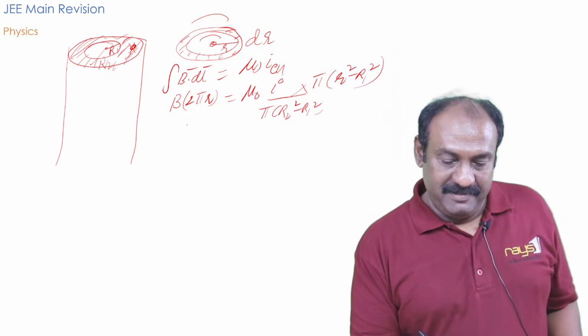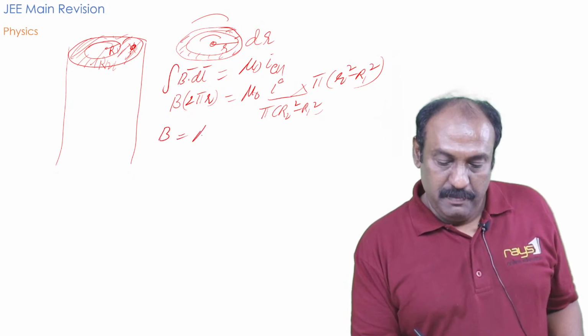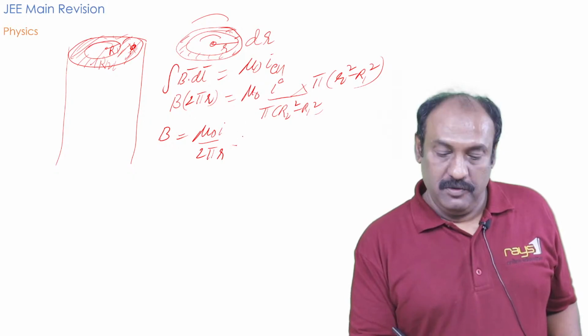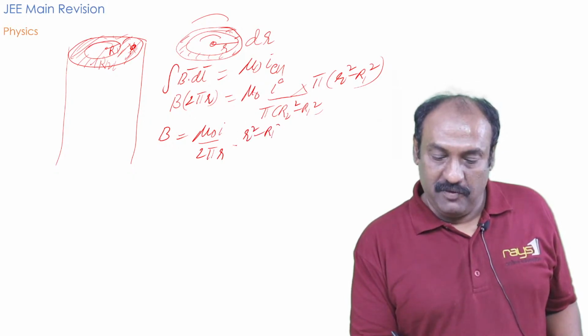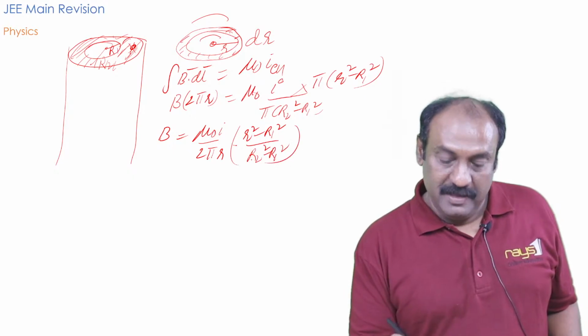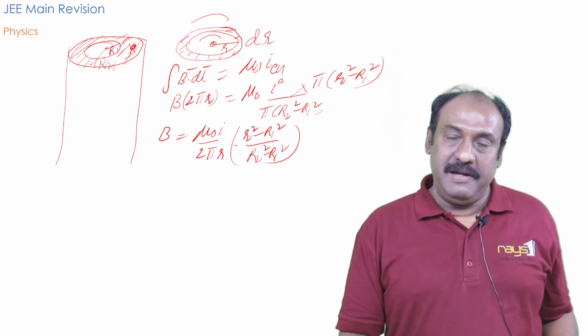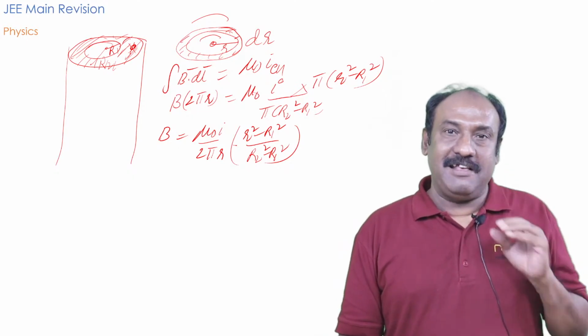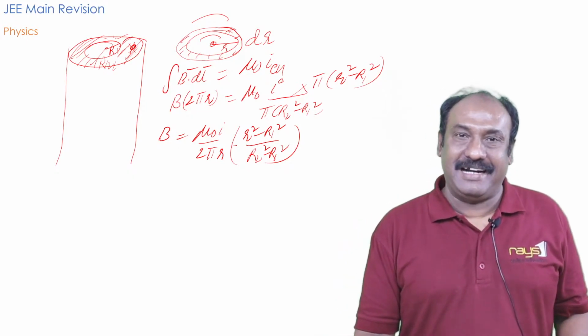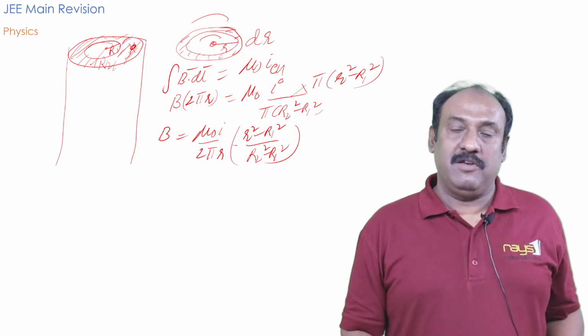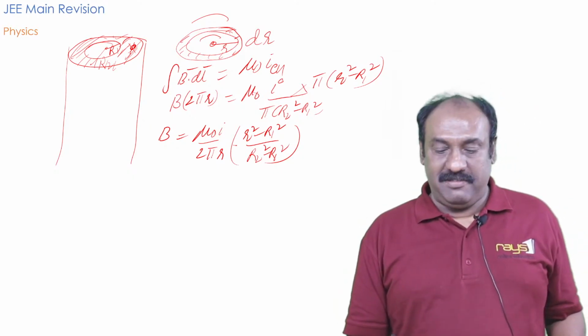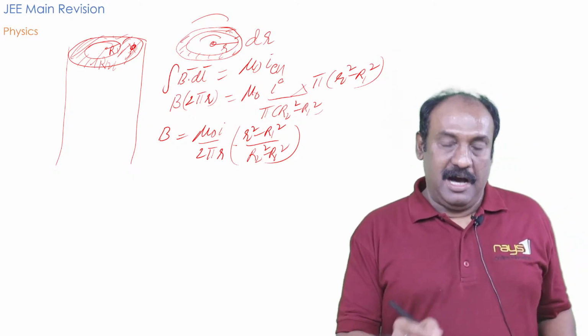So pi gets cancelled, B equal to mu naught I by 2 pi r into r square minus R1 square by R2 square minus R1 square. This is the equation for magnetic induction at a point in between the internal and external radius of the long cylindrical conductor carrying current I.